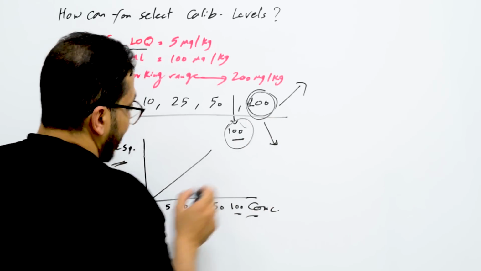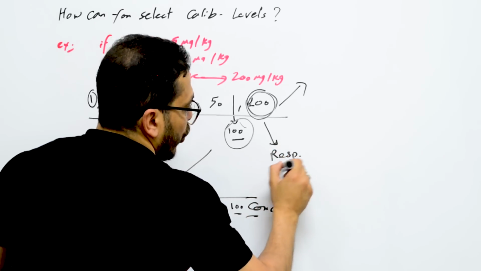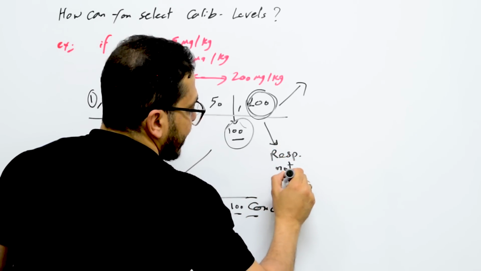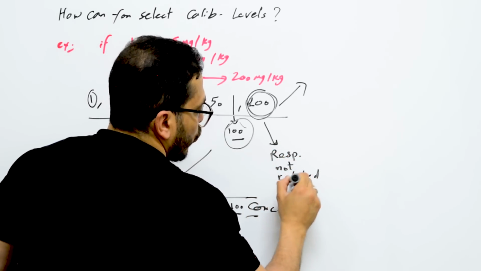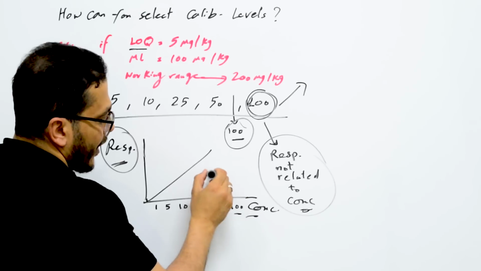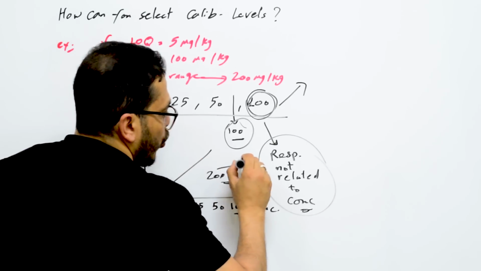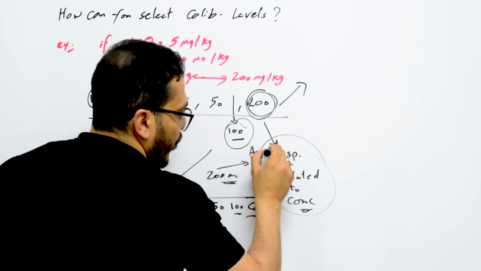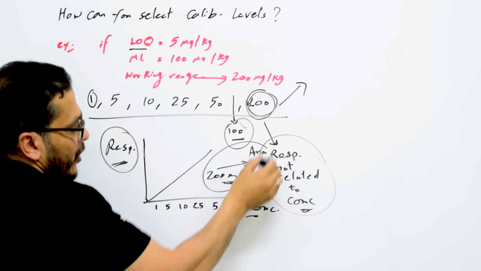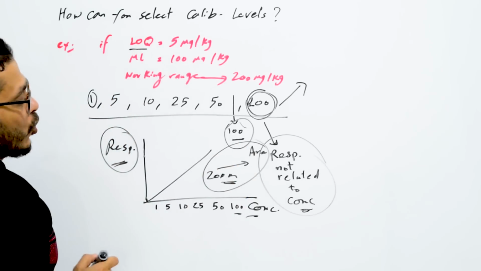Saturation point means that the response is not related to the concentration. When you run 200 microgram per kilogram, as an example, you get an area under the peak which is not relating to this concentration, not equal to this concentration.